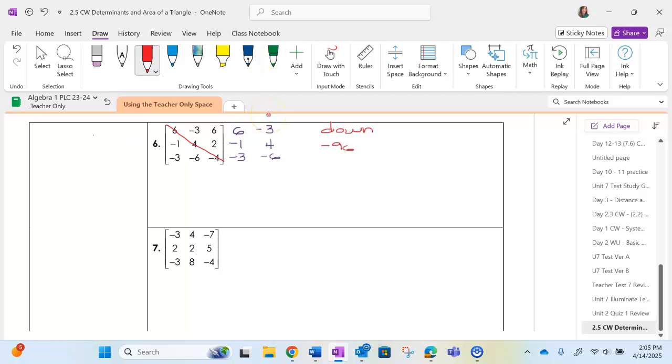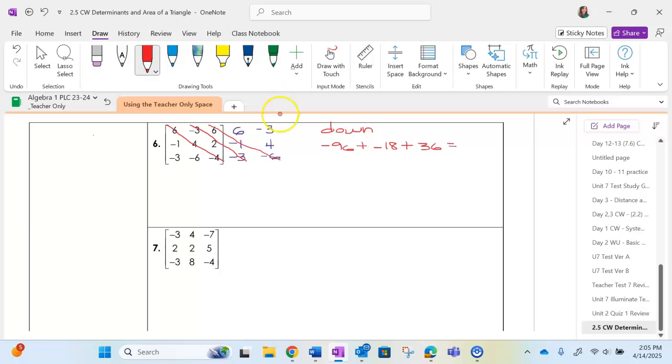-96. Plus the next one. -3 times 2 is 6. 6 times -3 is -18. Plus 6 times -1 is -6, and -6 times -6 is plus 36. Add those up. You get -96 minus 18 plus 36 gives you, nope, that's not right.